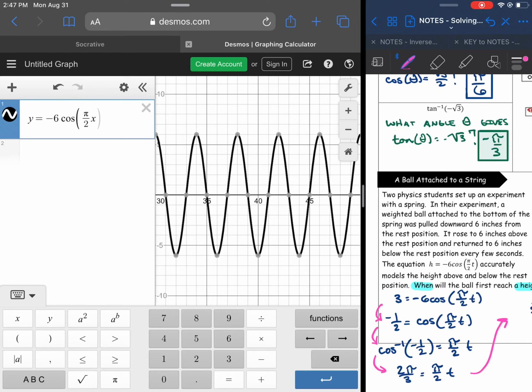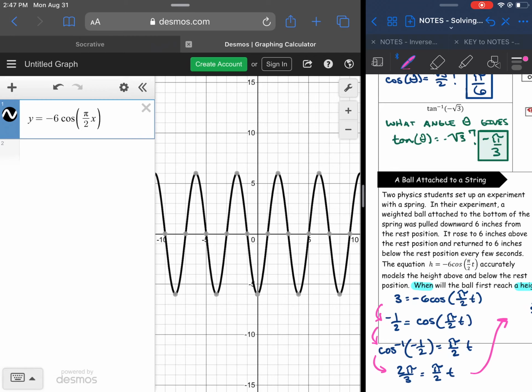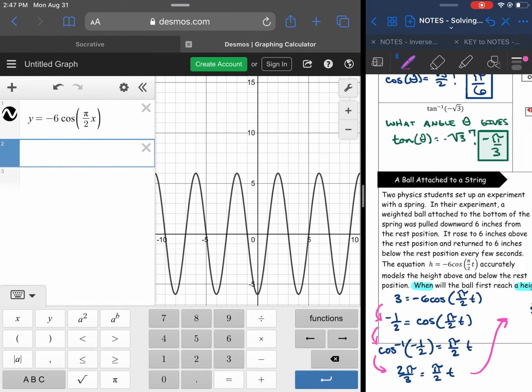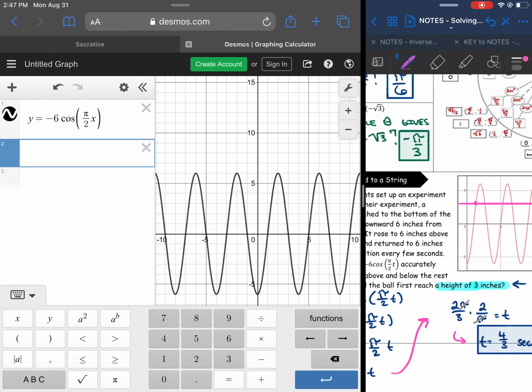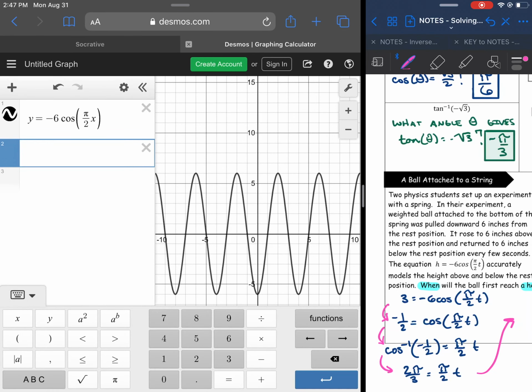And notice that I'm going to go ahead and center our graph here, and we get our little cosine function. But if I go into my second equation and I know that I want the height to be 3 inches, well, remember that we're calling y h.